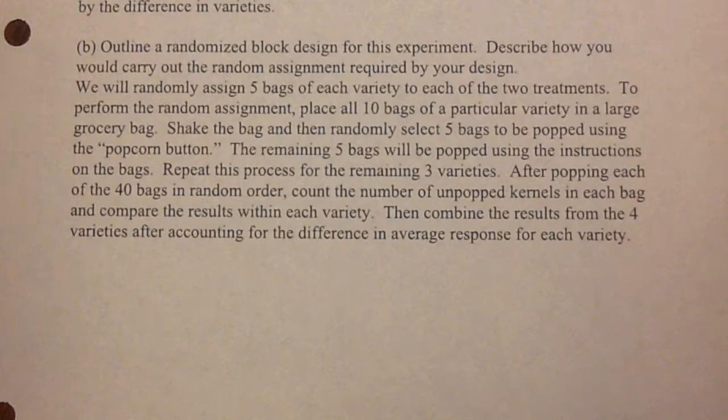To perform the random assignment, place all 10 bags of a particular variety in a large grocery bag. Shake the bag and then randomly select 5 bags to be popped using the popcorn button. The remaining 5 bags will be popped using the instructions on the bags. Repeat this process for the remaining 3 varieties.